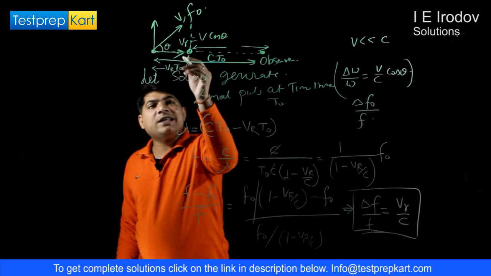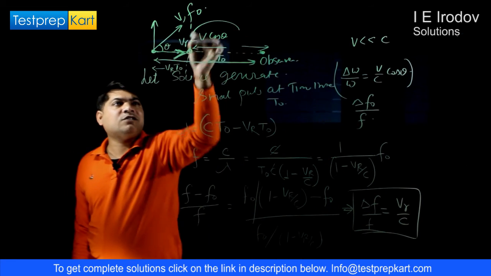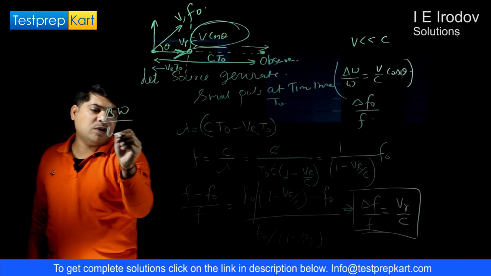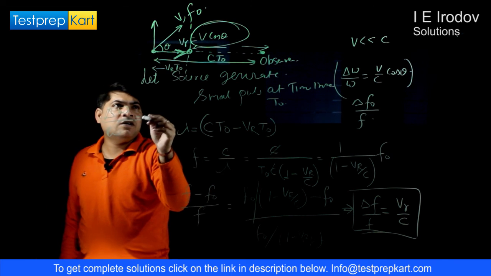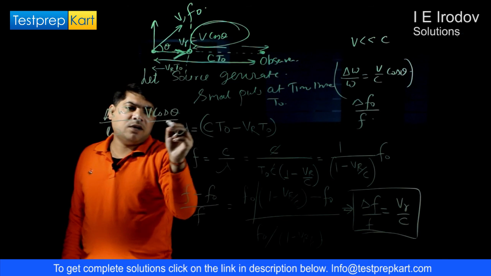Now Vr is the component of the velocity along the line of the observer, that is v cos θ. So we may write Δω/ω or Δf/f equal to v cos θ/c.